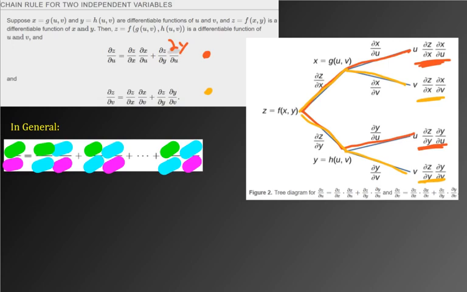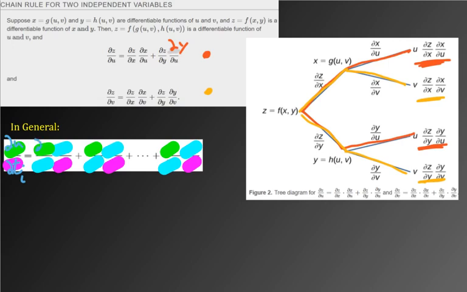So let's say you have partial of u with respect to t sub i, basically just saying it's an arbitrary amount of those.